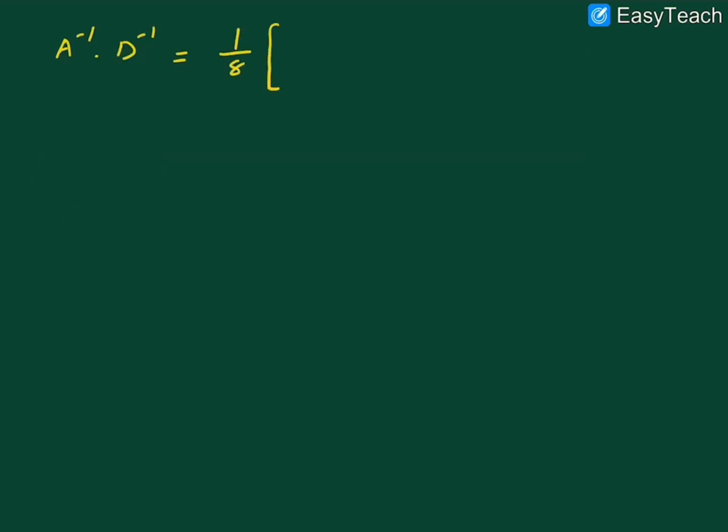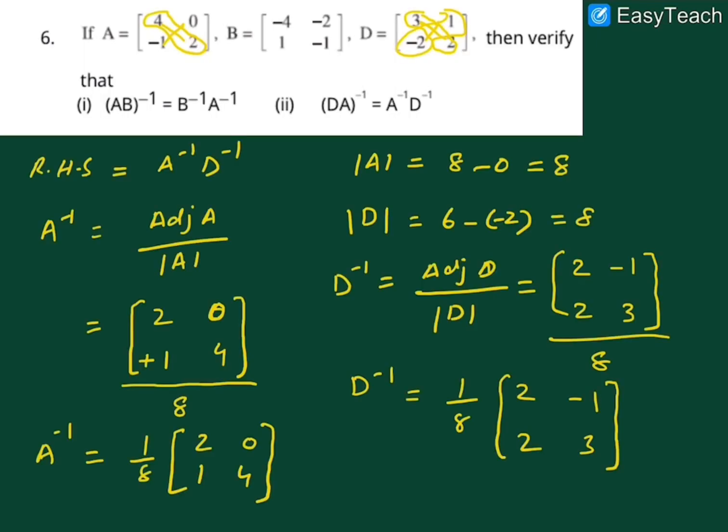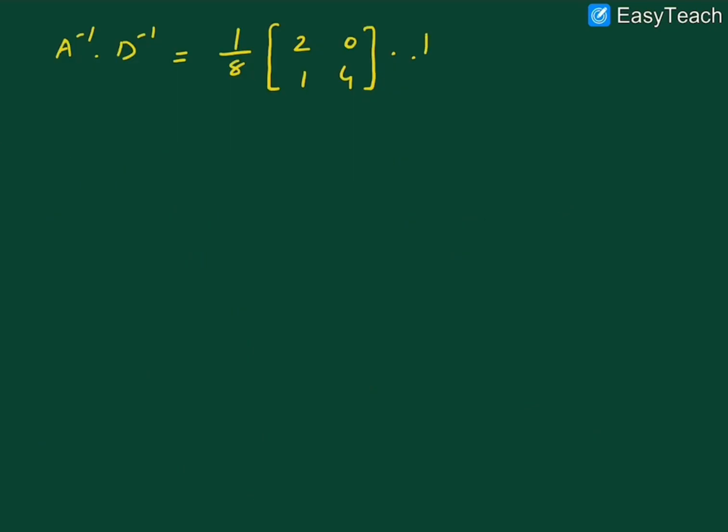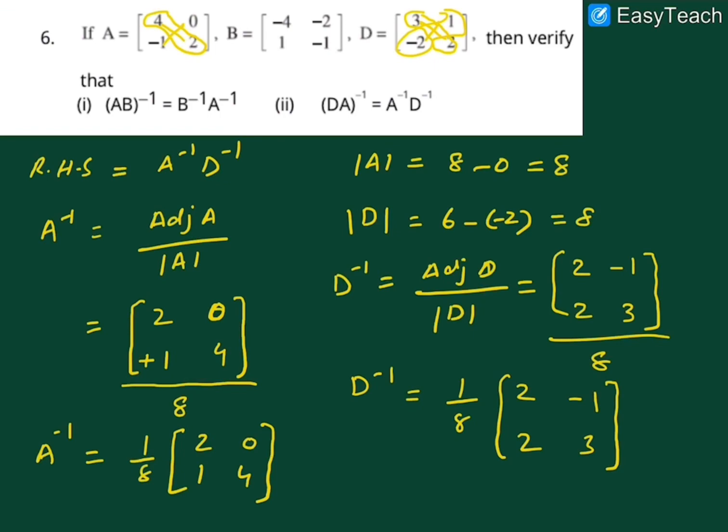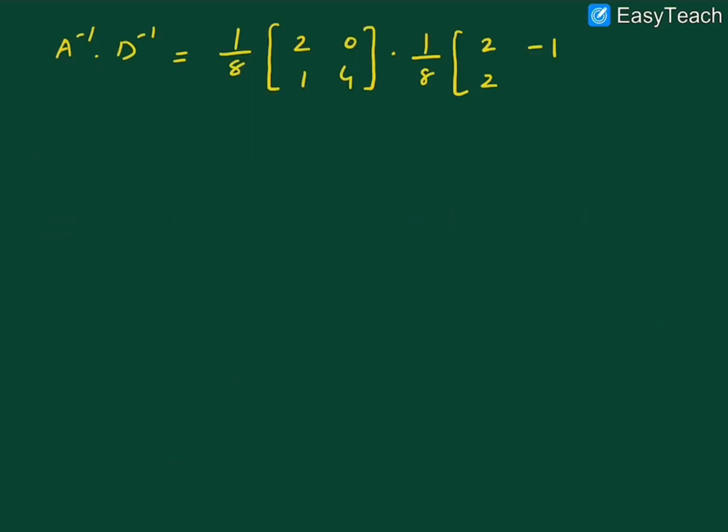And what is D inverse? 1 over 8, 2, minus 1 and 2, 3. So like we did in the previous question, multiply this with this, you will get 1 over 64, and just multiply the matrices. 2 with 2, so 4.